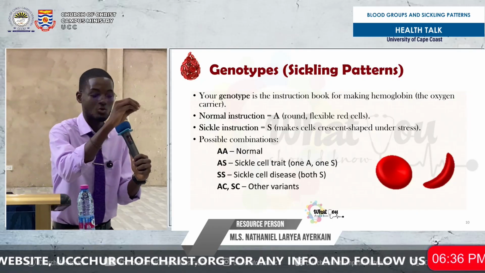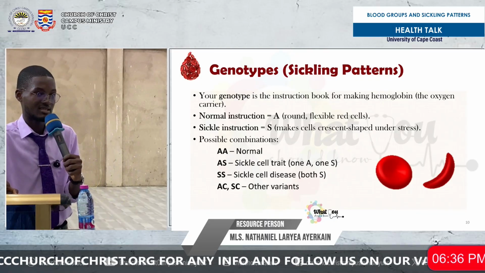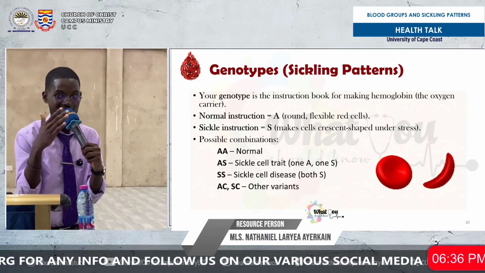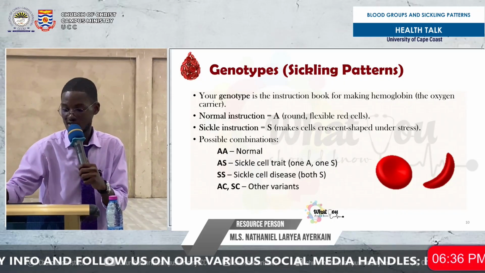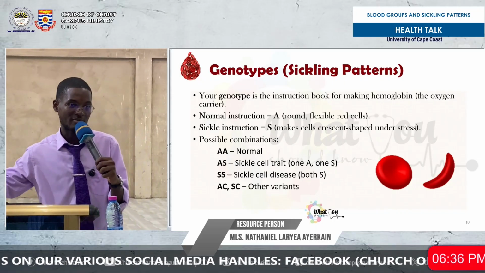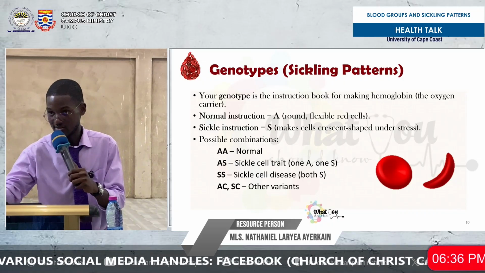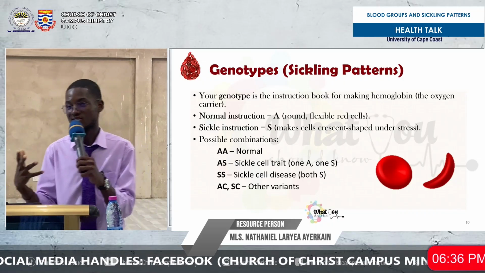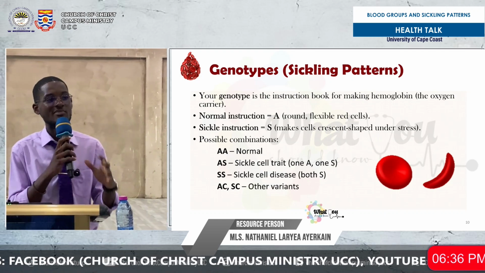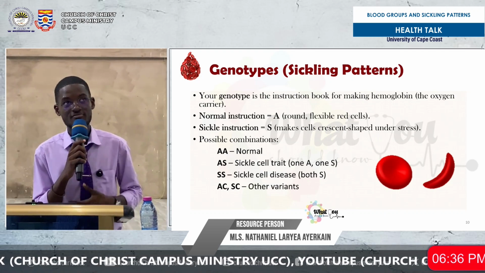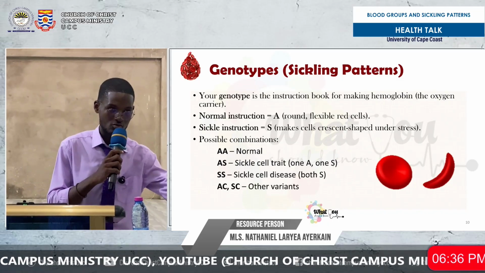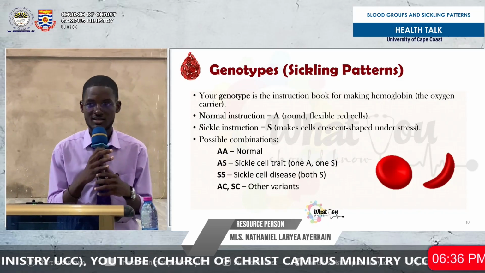What the code would result in, as in tall, short, is the phenotype. Phenotype is what we can see with our eyes. It's the end product of what the gene coding results in. So the genotype is like an instruction: be blue, then the phenotype will be blue. So we see blue.